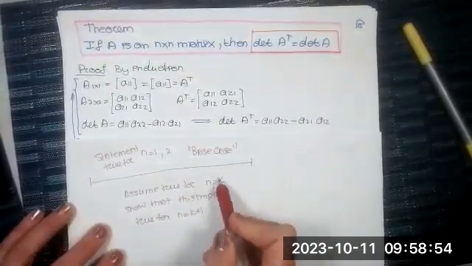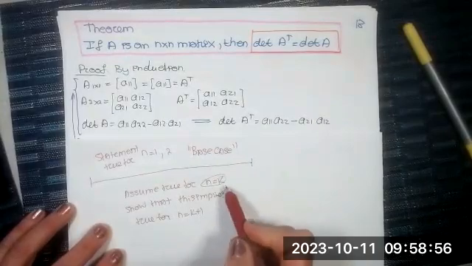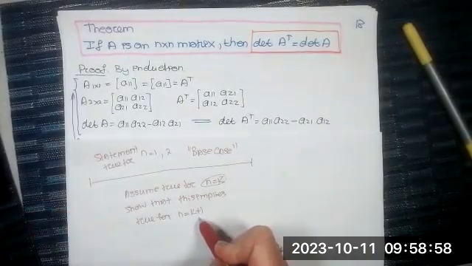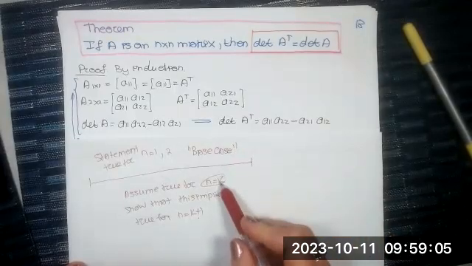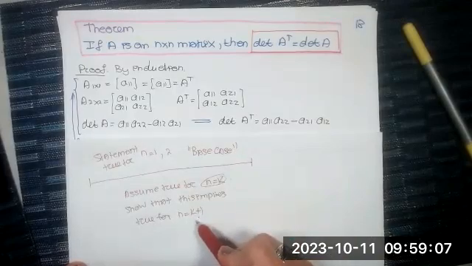So you're assuming something is true for k, and then this would imply that it also is true for the next number, k plus 1. So you have this stencil of true for k, then necessarily true for k plus 1.